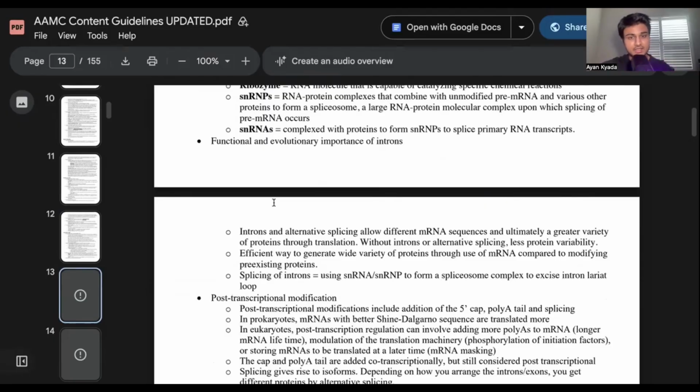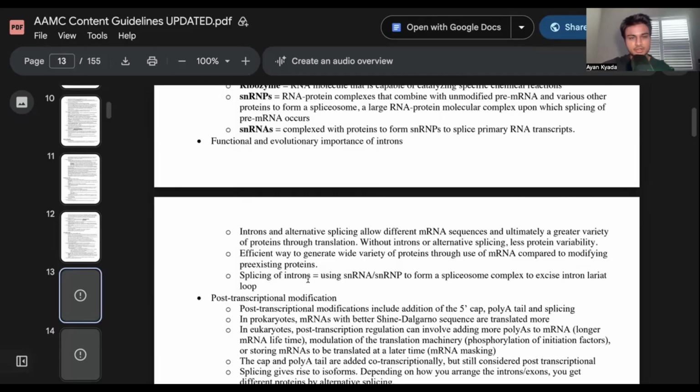And if you've ever taken a genetics or biochemistry class, you're definitely familiar with alternative splicing. It's extremely important, and it's ultimately how we get a huge variety of proteins through translation. Essentially, it results in one mRNA producing a bunch of different protein products, which are known as isoforms.